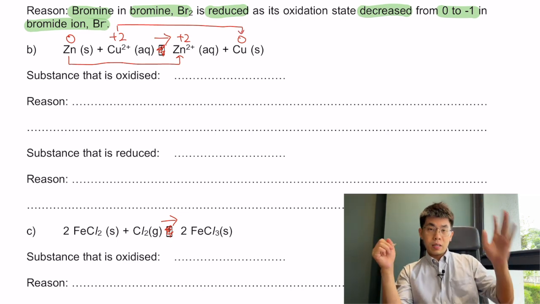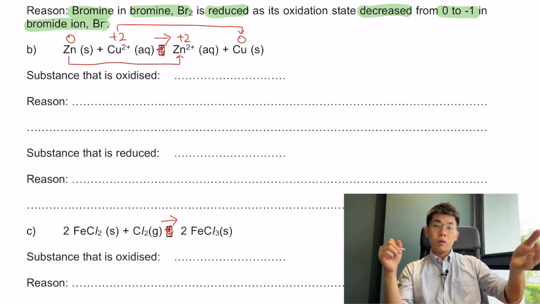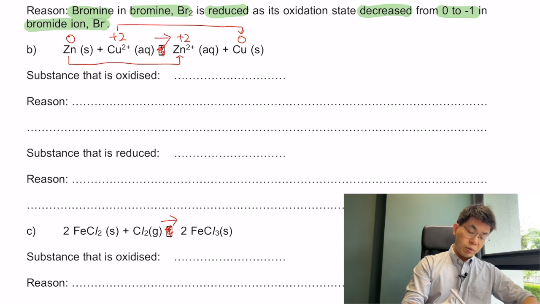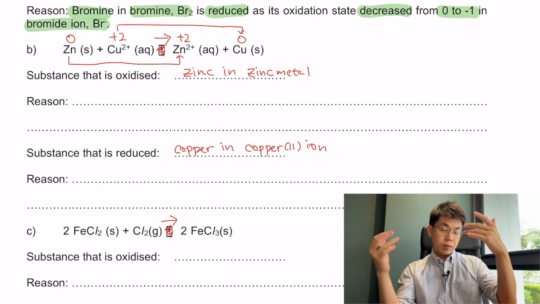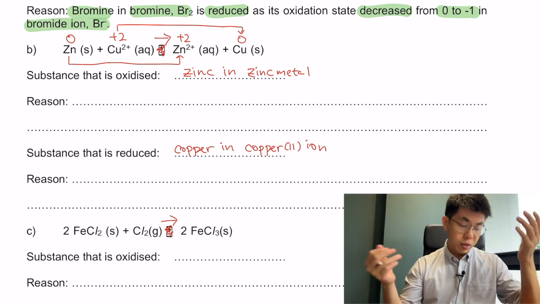Zinc has increased oxidation state, while copper has decreased. So the substance that has been oxidized is the zinc in zinc metal, while the copper in the copper ion has been reduced.